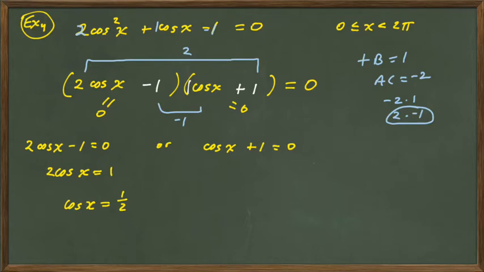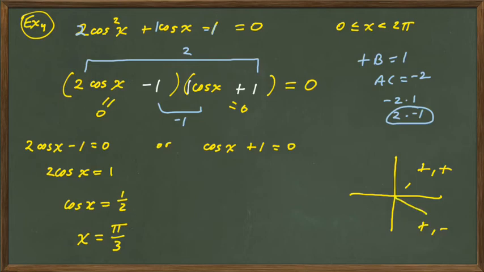Where is the cosine 1/2 on your trig table? Pi over 3, I think, would make the cosine 1/2. Now, is there any place else where the cosine is positive? Cosine is the x's. So if I had a reference angle of 1/3 pi, what's 1/3 less than 6/3? 5/3? Is that still less than 2 pi?